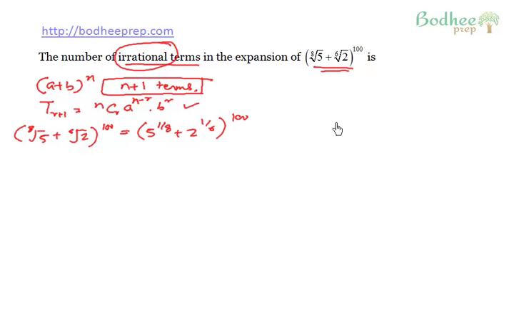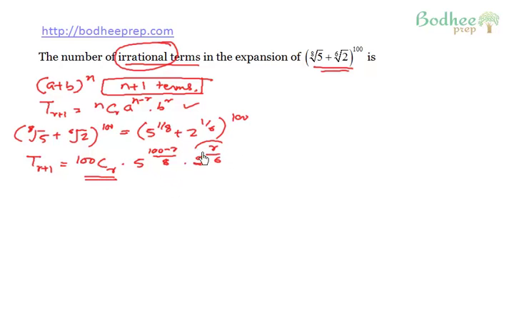Now let me find the (r + 1)th term of this. The (r + 1)th term will be 100Cr into 5^((100 - r)/8) into 2^(r/6).